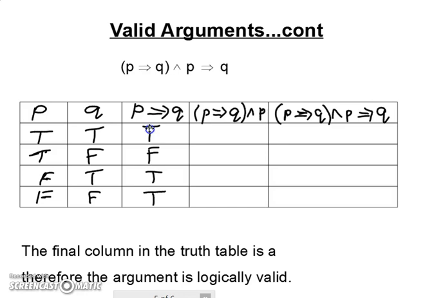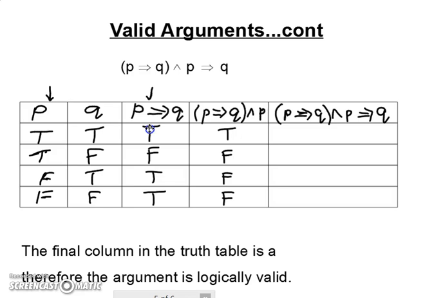And then we have if P then Q and P, so this column and this column. Is it true and true? Yes, it is. True and false must be a false. A false and a true is false, and a false and a true is false. Remember, with an AND statement, we need them both to be true.